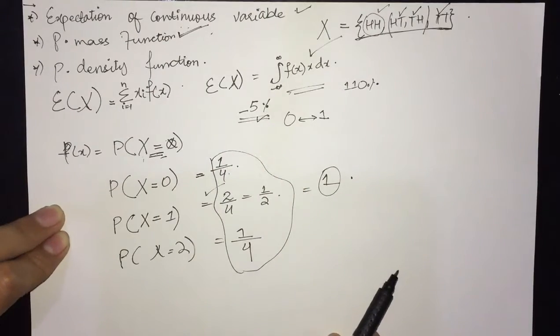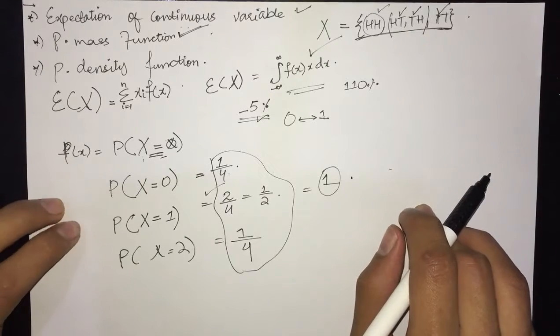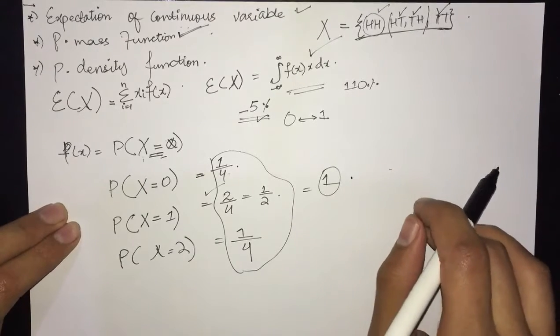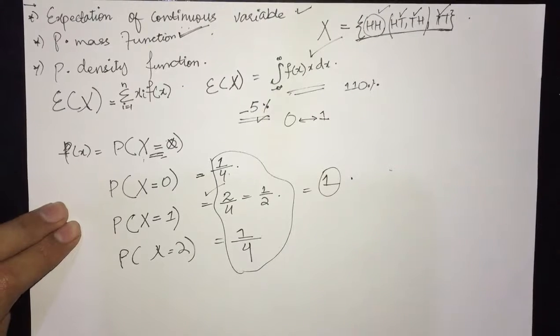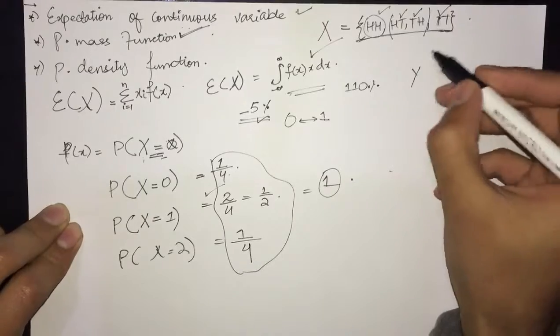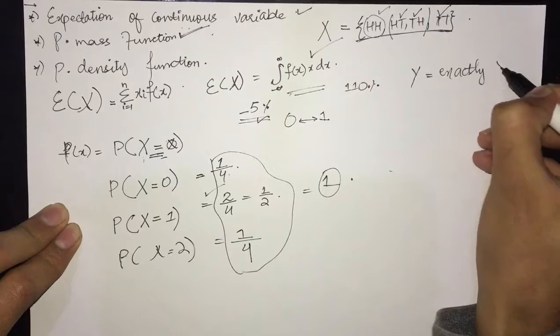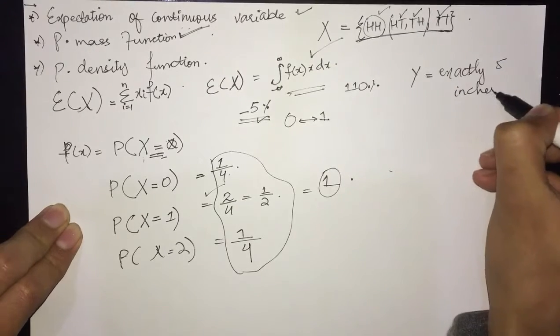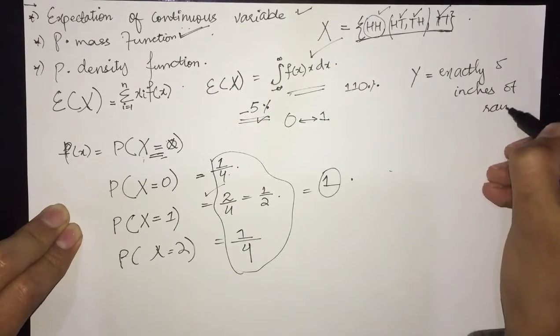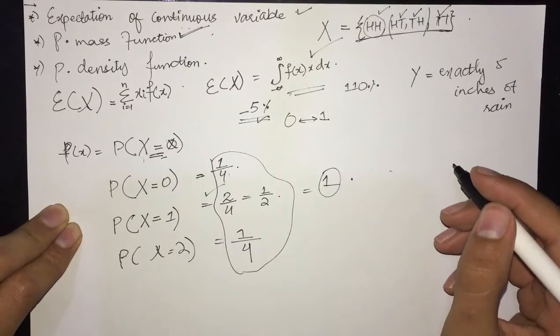But what if the nature of the variable is continuous? For example, if I say what is the probability of having exactly 5 inches of rain tomorrow, where Y is the variable.